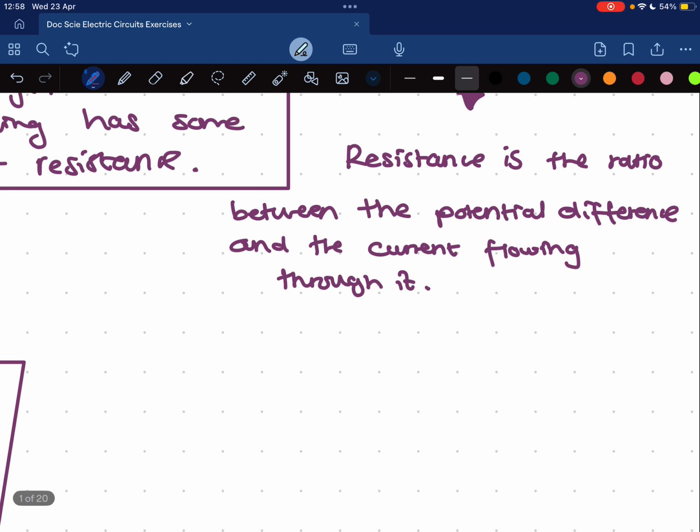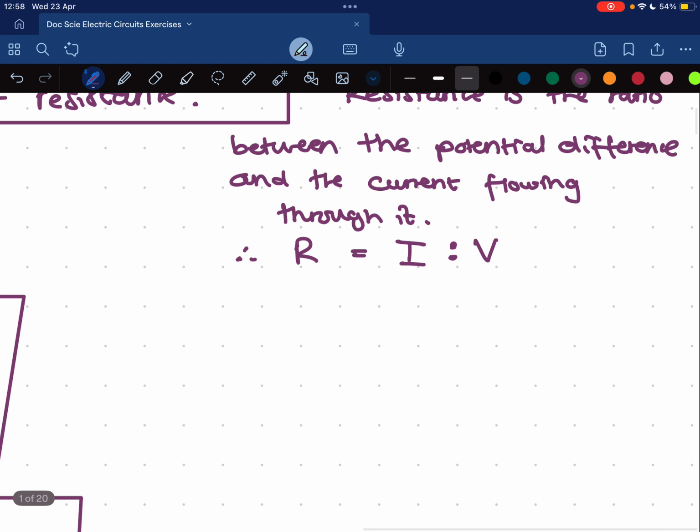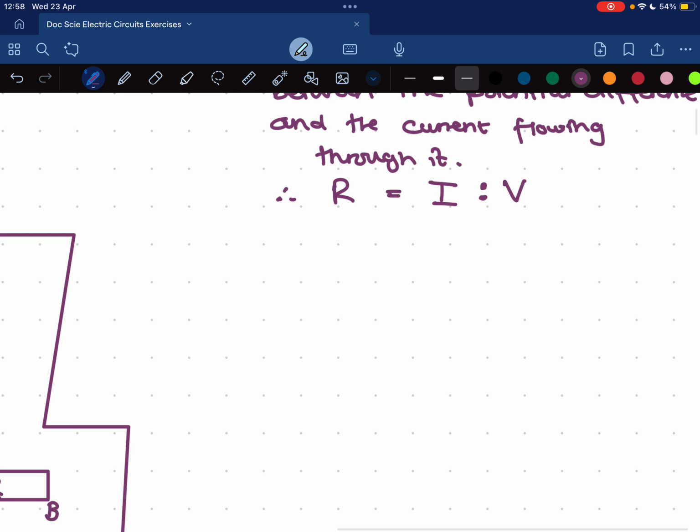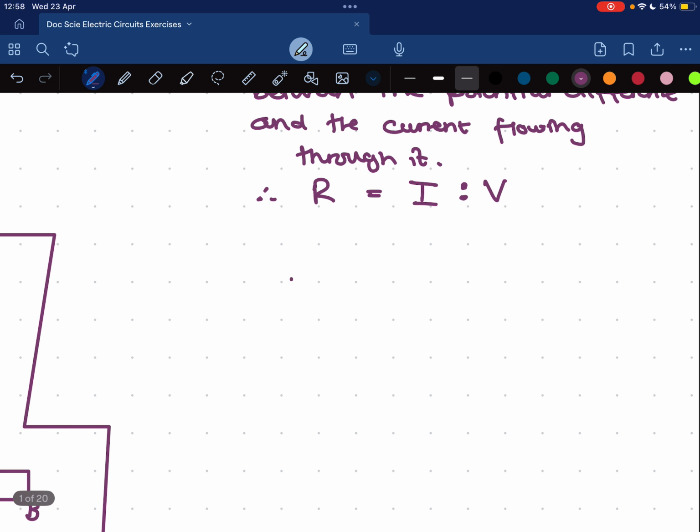Basically that means that the resistance is this ratio between voltage and current. If you can recall from maths, a ratio is just a fraction. So this gives us the third equation in this topic, which says the resistance is equal to the voltage divided by the current.